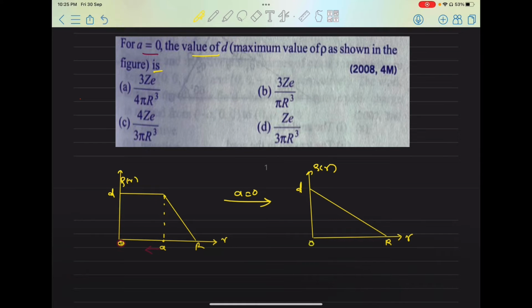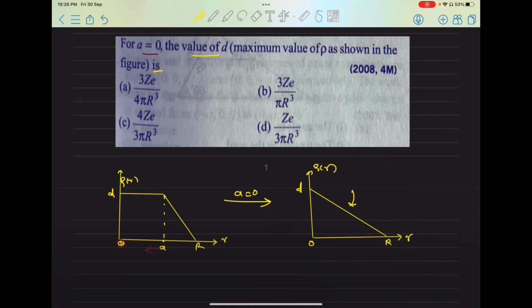Okay, so what is happening over here is charge density is maximum at the center of the nucleus, and as you go away from the center towards the radius, the charge density is decreasing in a straight line fashion, or linear fashion. Okay, so what is the rho of r in terms of r?